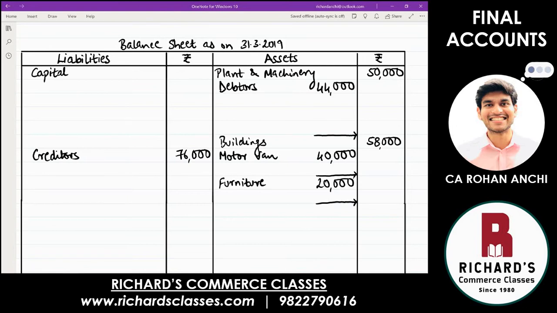Next, after furniture is premises, also an asset. Continue below furniture. Premises, directly outer column, 81,000. Same thing for the next, loose tools, also an asset. 20,400 in the outer column.